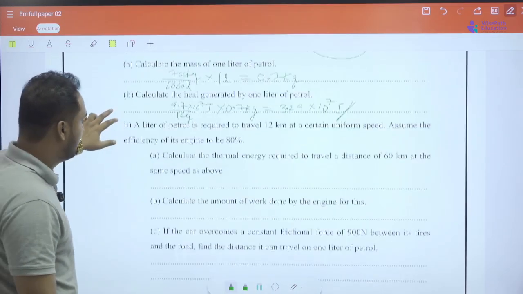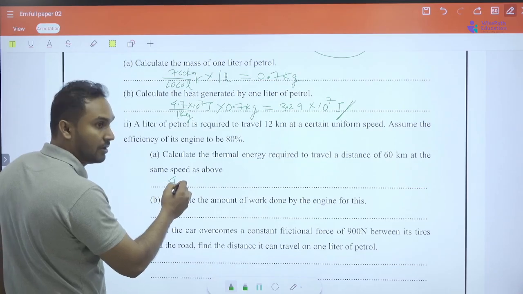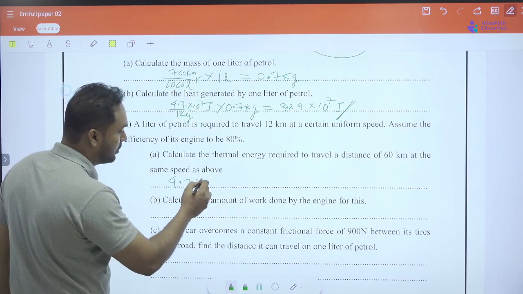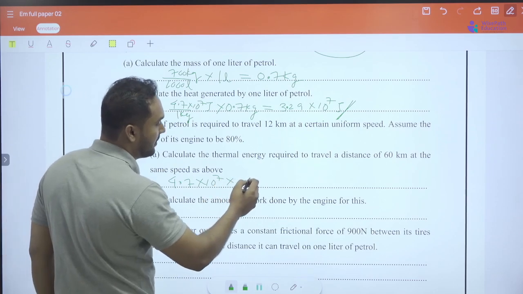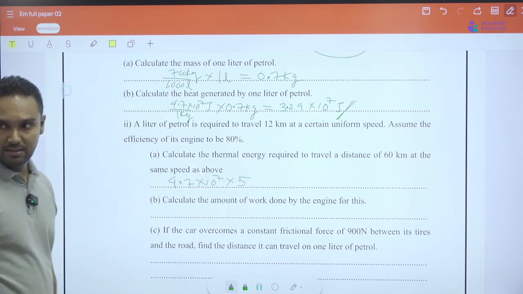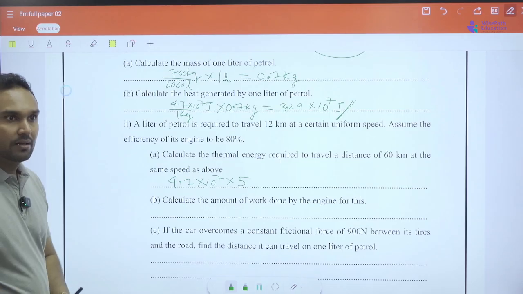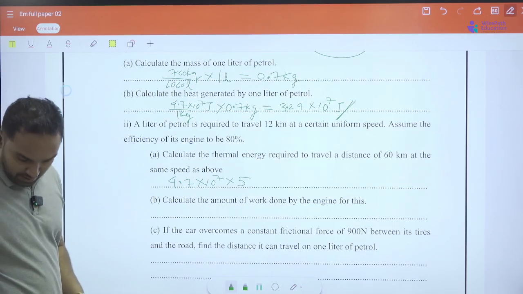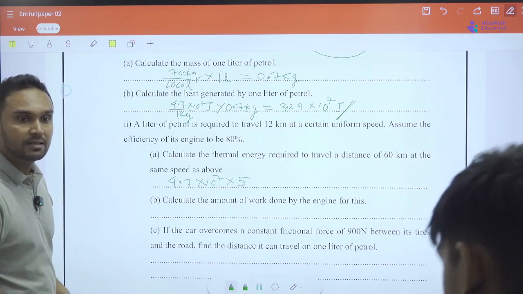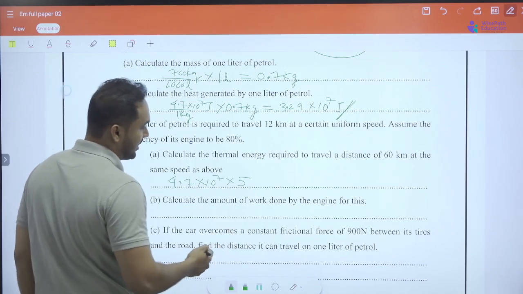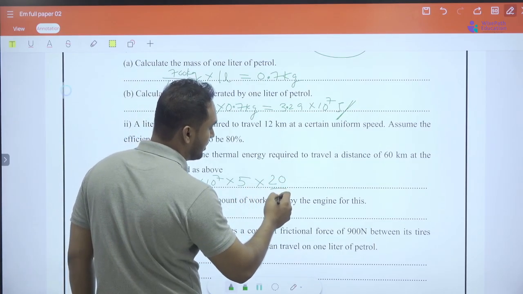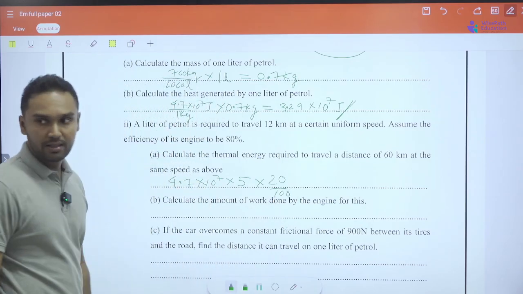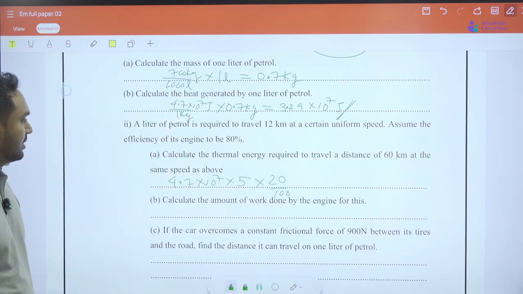So you have to multiply 4.7 into 10 to the power 7 by 5, because 5 liters takes for the complete 60 kilometers of a run, and 20% of it, right, is the heat. So this should be the answer, right?